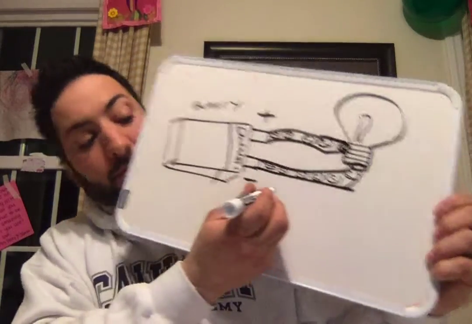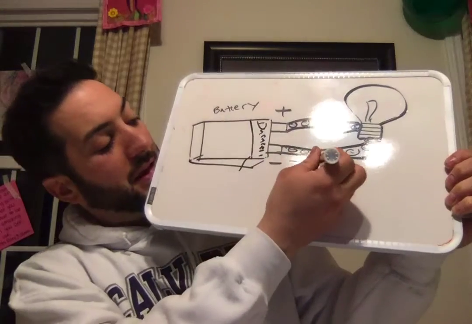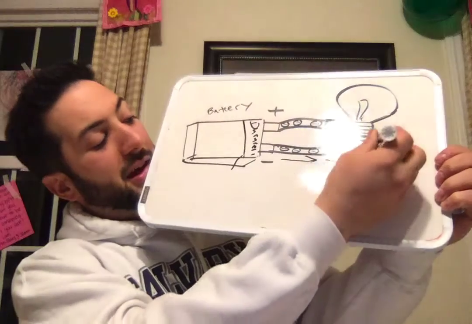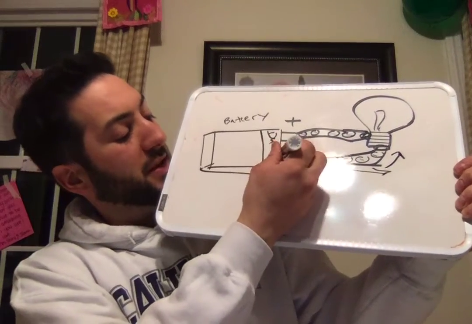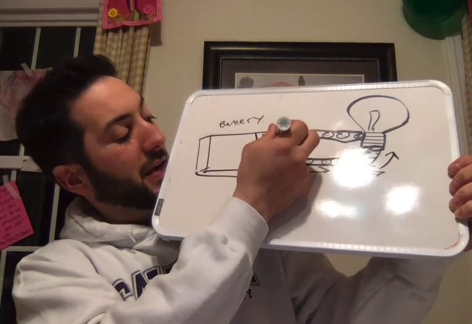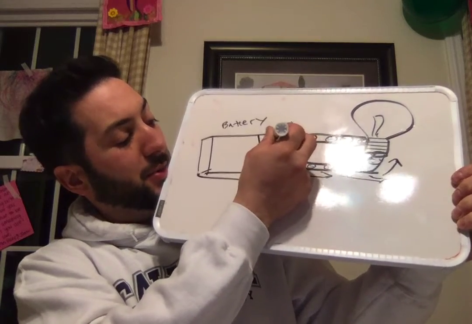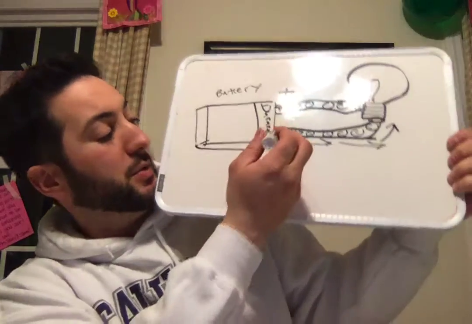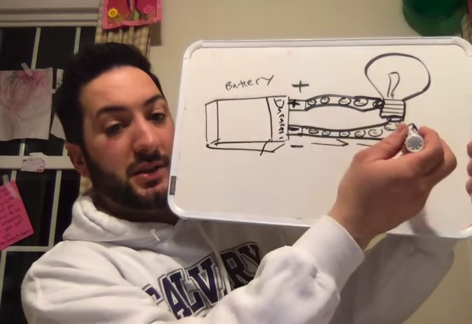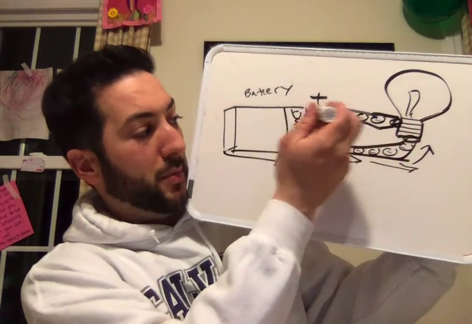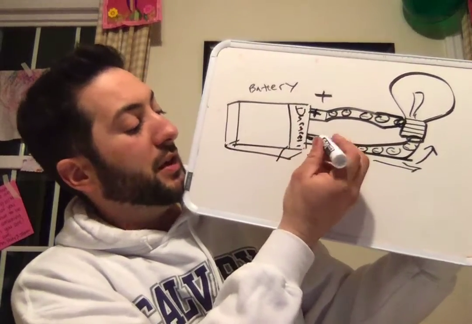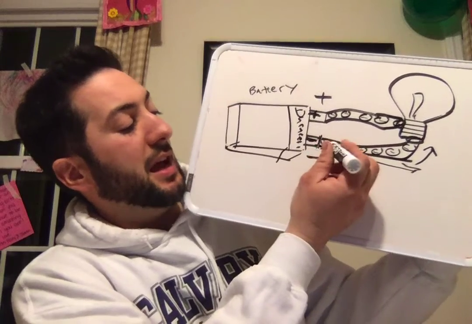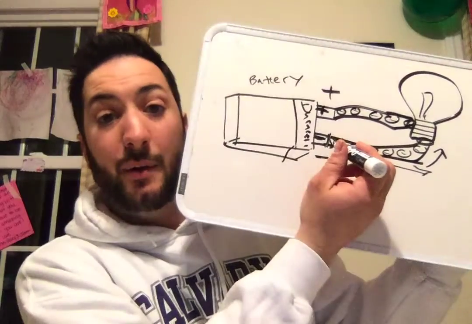So what happens is they come out of the negative side, and they go this way, because they want to go away from this negative port and toward this positive port. The easiest way for them to do that is to go through the light bulb and get to here. These electrons are like, I want to get away.